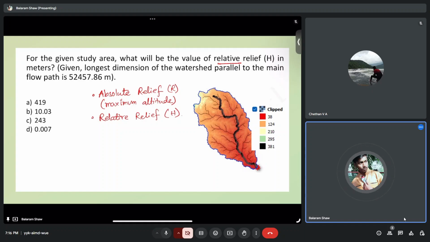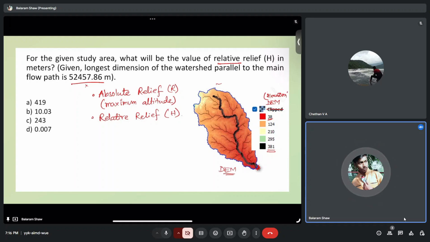So the question is for the given study area, what will be the value of relative relief in meters? Given the longest dimension of the watershed parallel to the main flow path is this much meter. We don't need this, because relative relief, as per definition, is simply the elevation difference between the highest and the lowest point in the watershed. This is a DEM map, the digital elevation model map, so these are the elevation values.